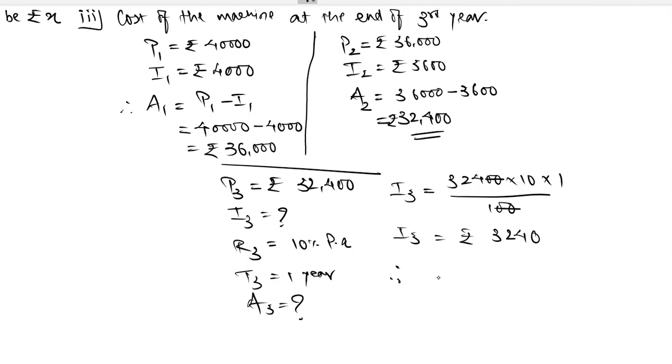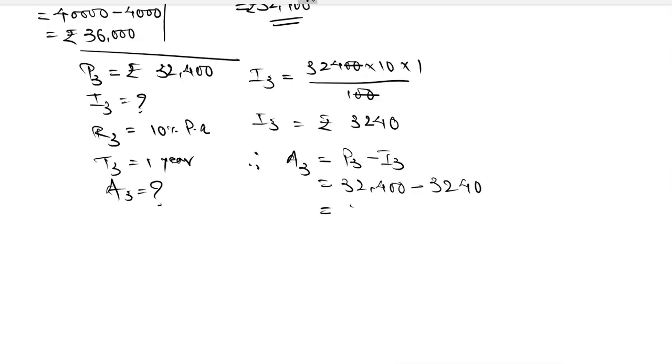Therefore, A3 is equal to P3 minus I3, which is 32,400 minus 3240, which is rupees 29,160.